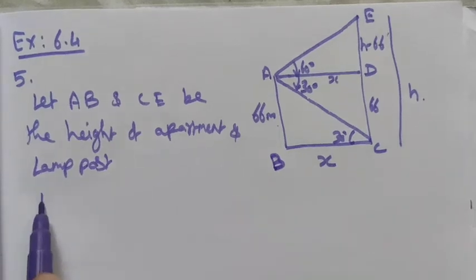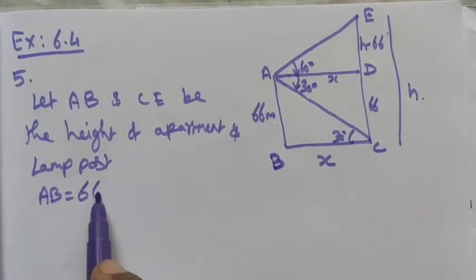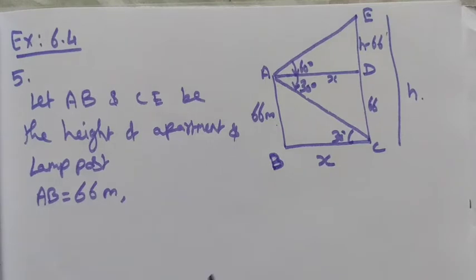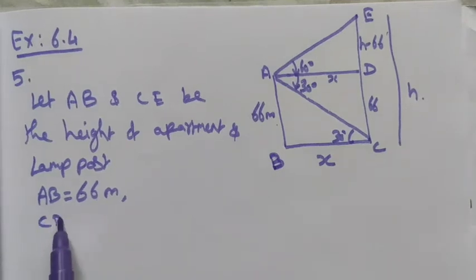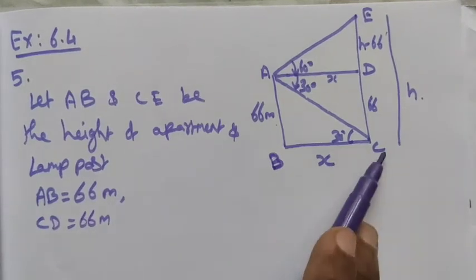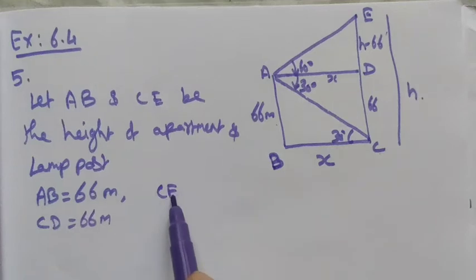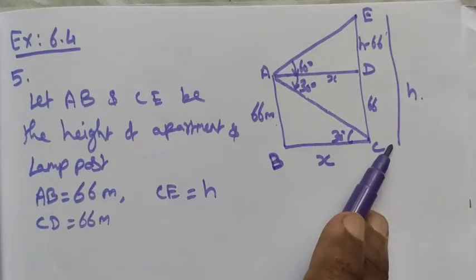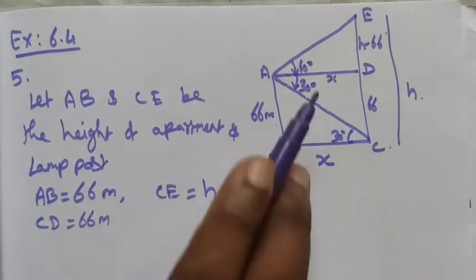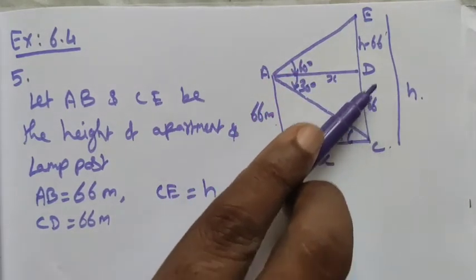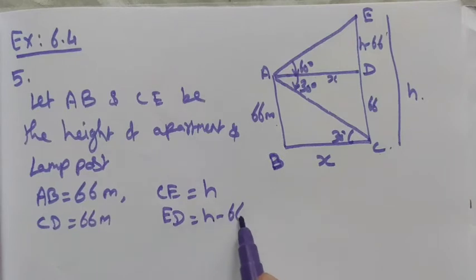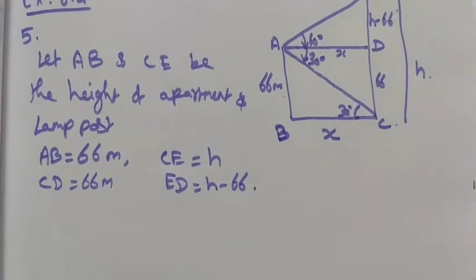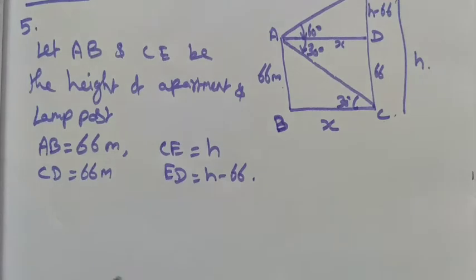AB is given as 66 meters, and CD is also 66 meters. CE is the total height of the lamp post, H, and ED is H minus 66.